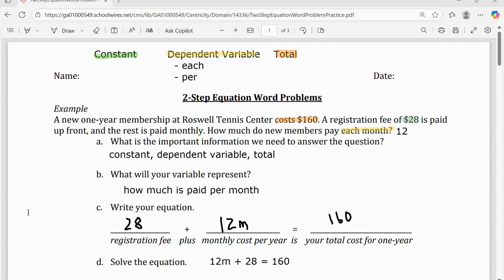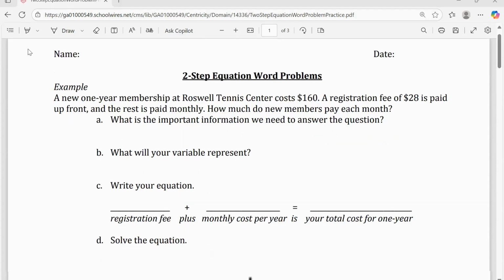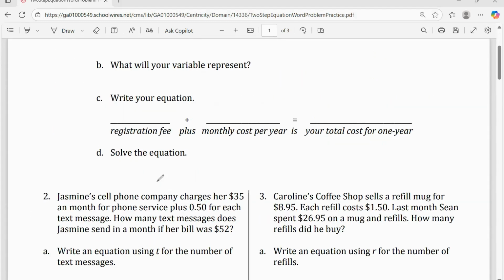So real quick, I'm going to take this off so I can move it down a little bit. One more time, we're going to write out our equation. So we got 12M plus 28 equals 160. Now that I have my equation, there's nothing else that can be combined, right? So I'm going to make my four-way stop.